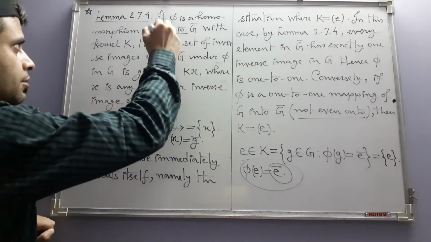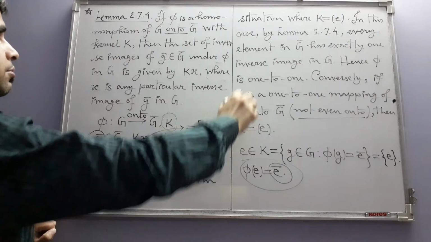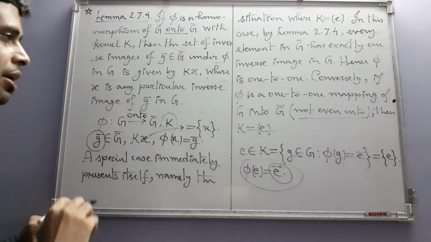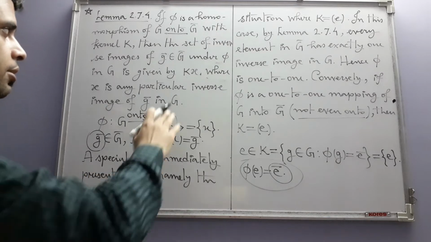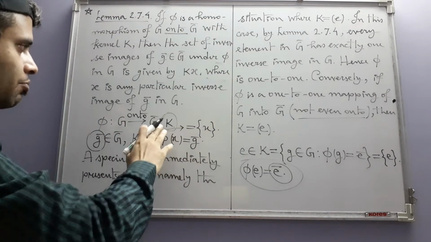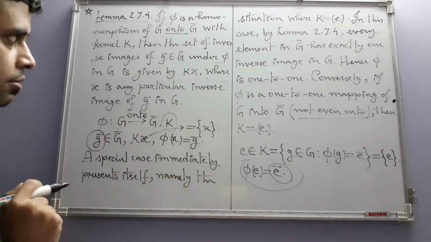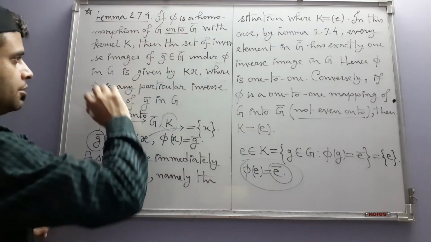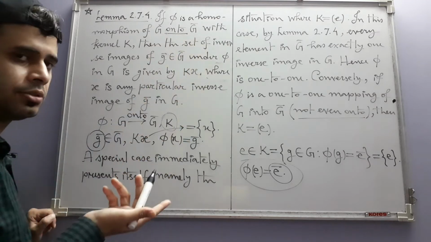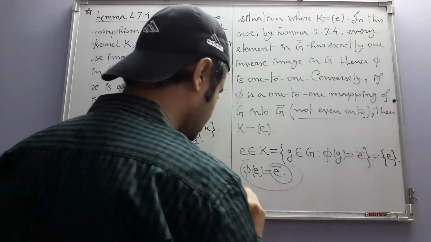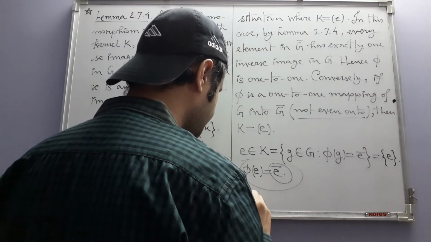It has been assumed here only to make the statement of this lemma look good, expressible in a somewhat neat manner. You can state a result which looks exactly like this lemma, where you don't need onto-ness. It will look like this.